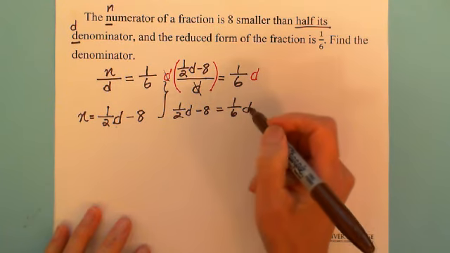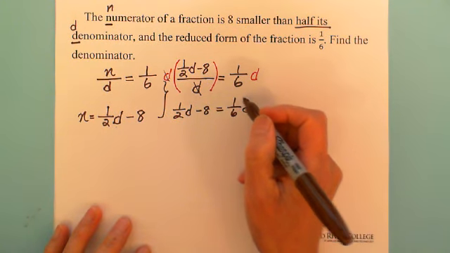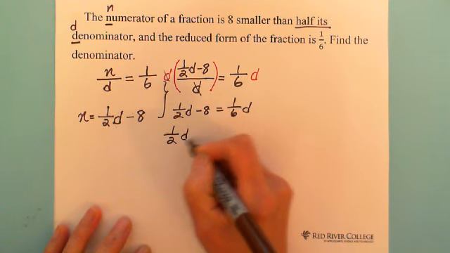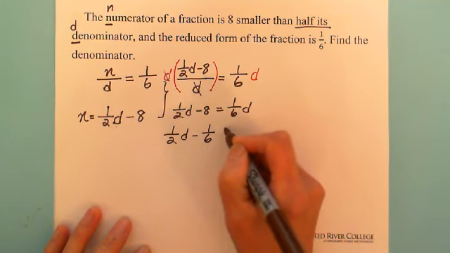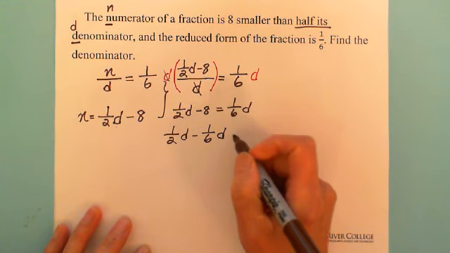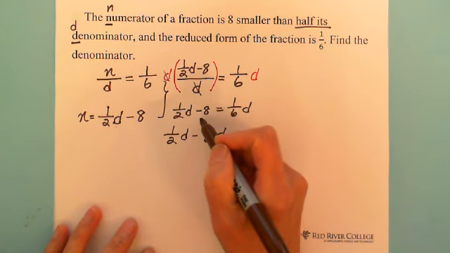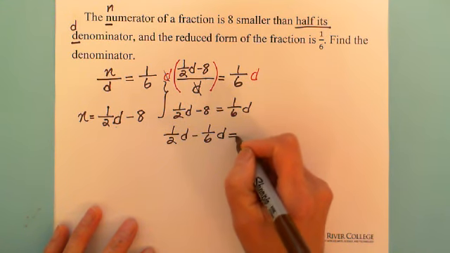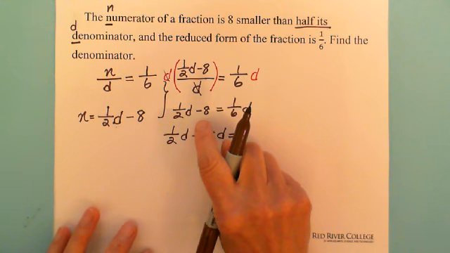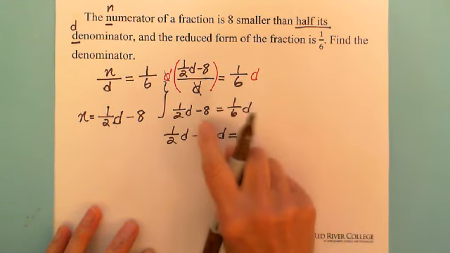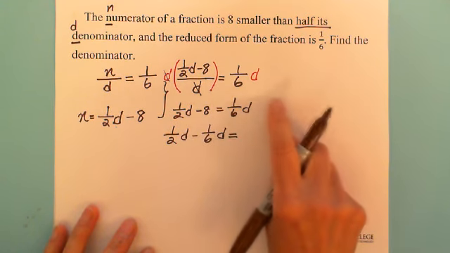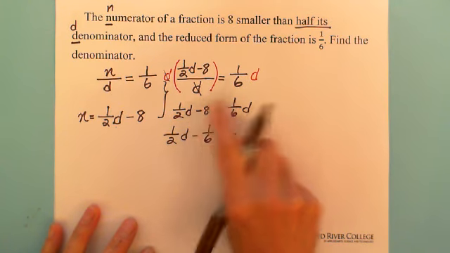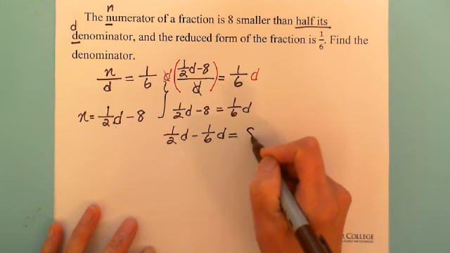Then we move 1/6 d to the left side, so we have 1/2 d minus 1/6 d, and we also move the constant, negative 8, to the right side. Once a number transfers from one side to the other, you change its sign to the opposite. Before the transfer it is negative, after the transfer it becomes positive.